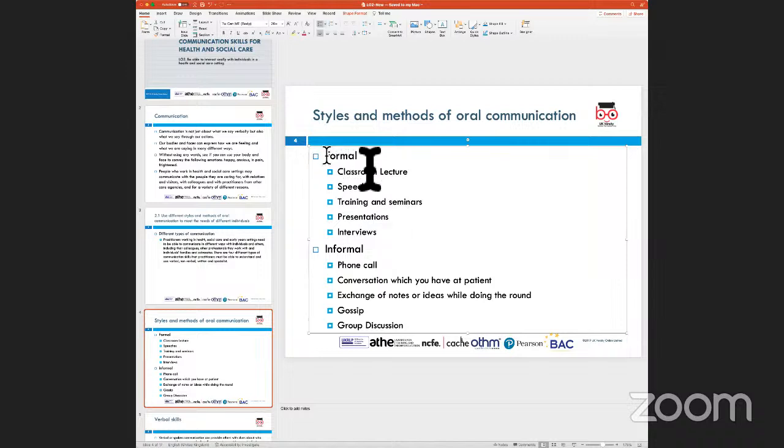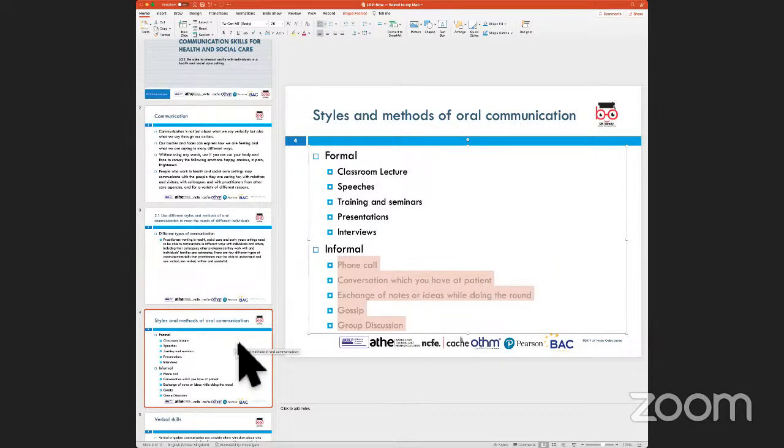So oral communication can be formal and informal. These are styles. And then you're looking at the different methods in terms of how we communicate with colleagues, different patients, members, or friends and family members, and they would all be classified as different methods.